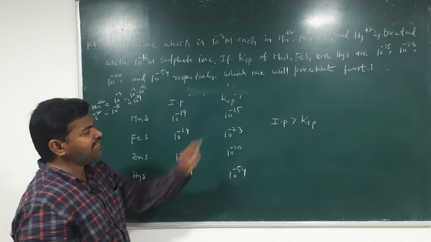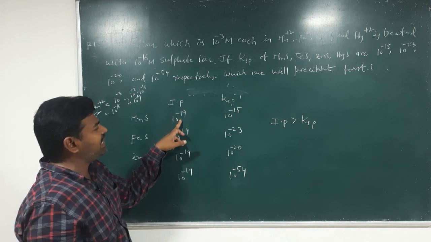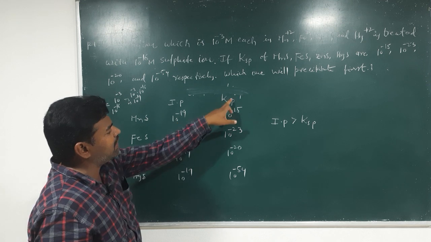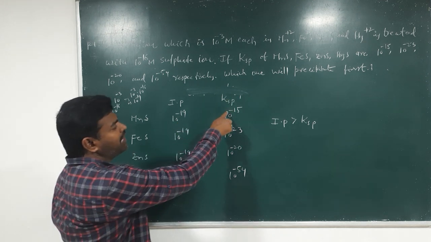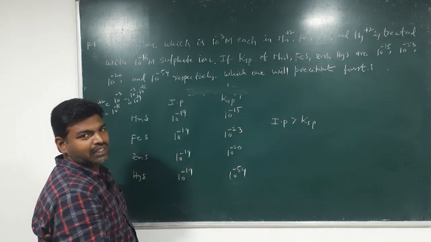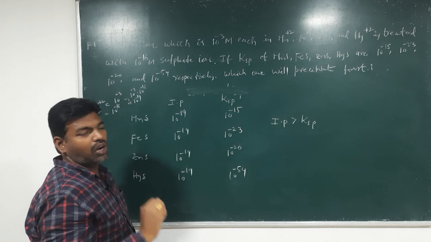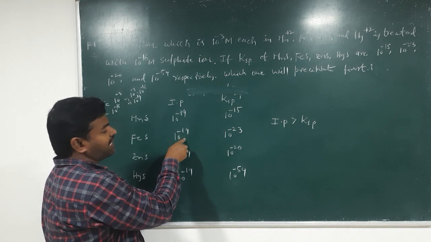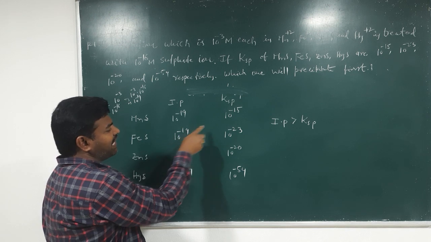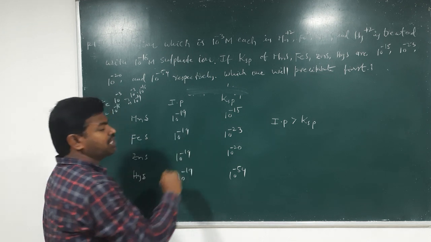Let us compare the ionic products and solubility products. For MnS, ionic product is 10 power minus 19 and solubility product is 10 power minus 15. So, solubility product is greater than ionic product, and precipitation does not take place. For FeS, ionic product 10 power minus 19 is greater than 10 power minus 23, so precipitation takes place.